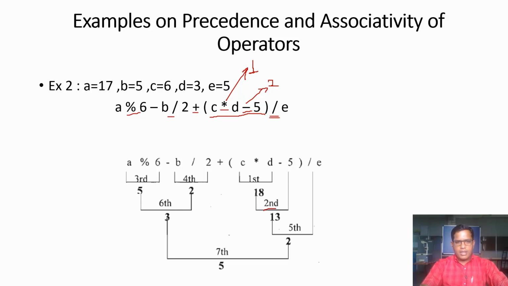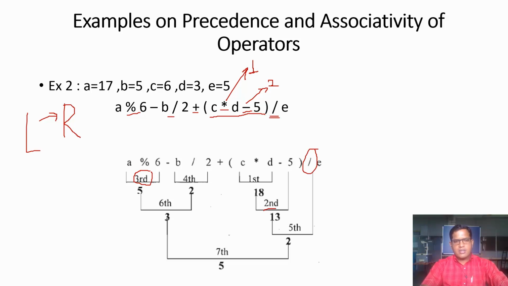So what will the compiler do? It checks the associativity, and for divide, multiply and modulus, left to right associativity applies. Hence after the bracket, the third execution is given to the modulus sign, the fourth to the divide sign, and the fifth to the other divide sign. This is how things work.